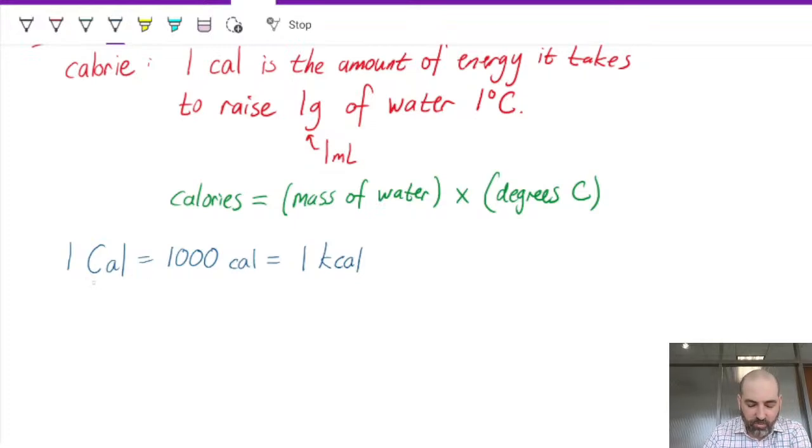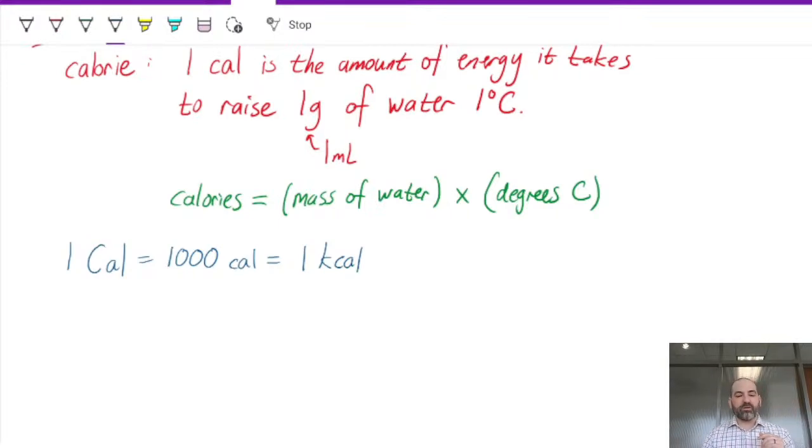So if you have 1 big C calorie of food, that's enough energy to raise a gram of water 1,000 degrees. Not really because it would boil, but let's go the other way. Let's say 1,000 grams of water, a liter of water, 1 degree. So one food calorie contains enough energy inside it to raise this water by that much.